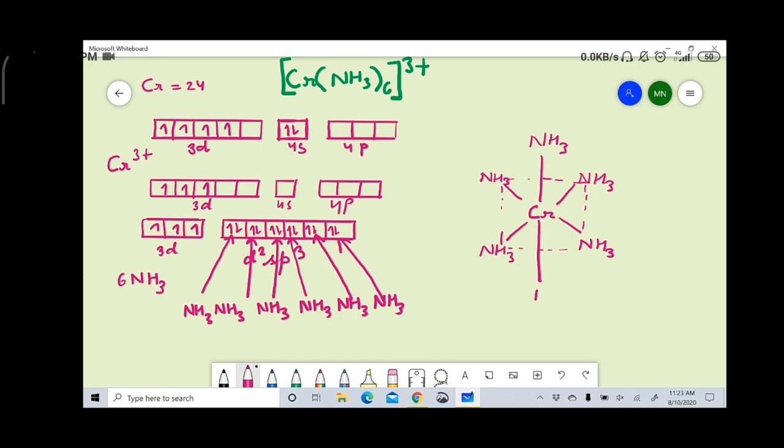This is an example of an inner complex because in hybridization, inner d orbitals are used. In this complex, there are 3 unpaired electrons present in 3d orbitals which are not involved in hybridization. When there are unpaired electrons in a complex, the complex is paramagnetic.